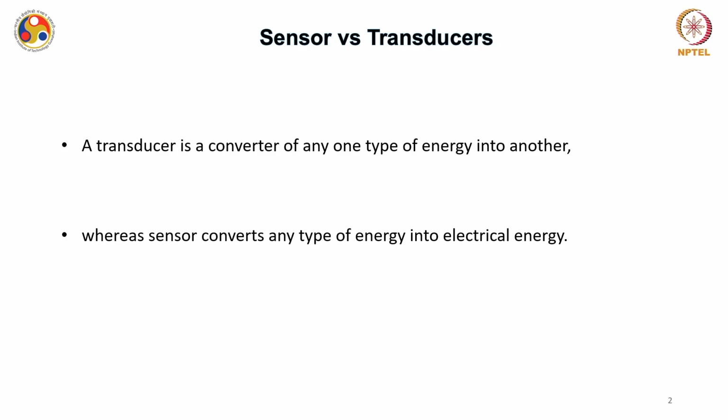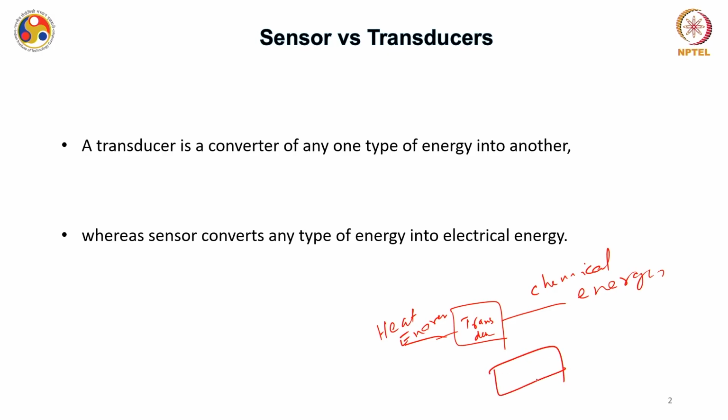What I mean to say is that a transducer, say I am representing it as a black box, can convert a form of energy, say heat energy, to another form, say chemical energy, or the other way around.